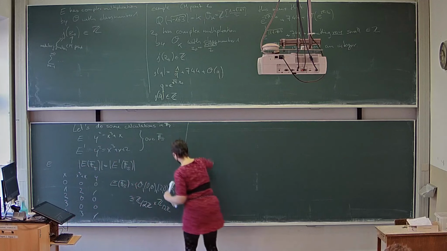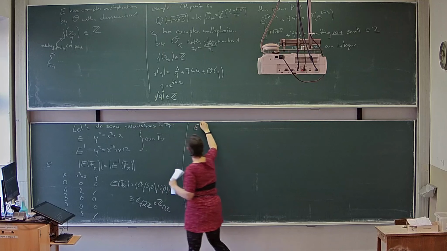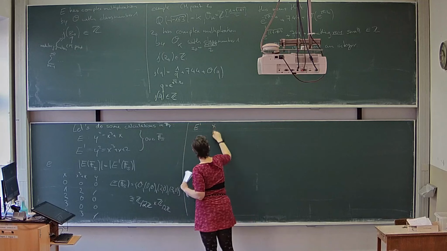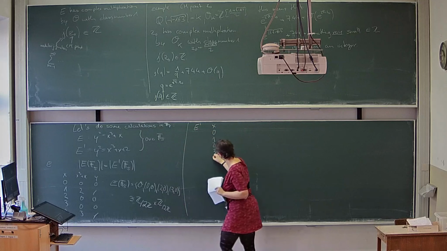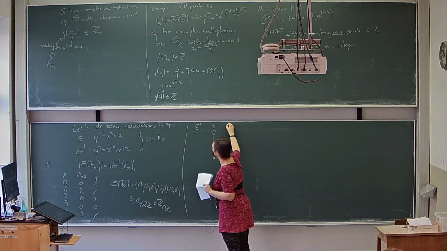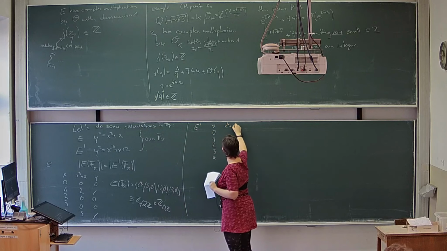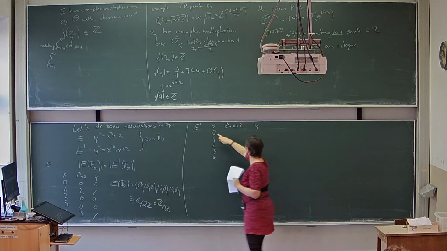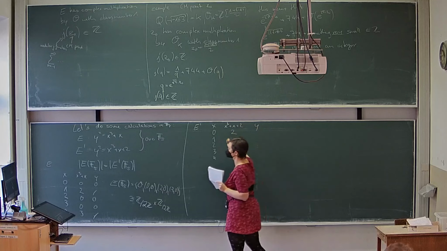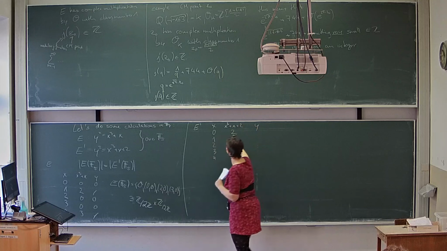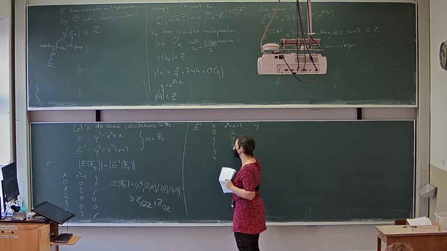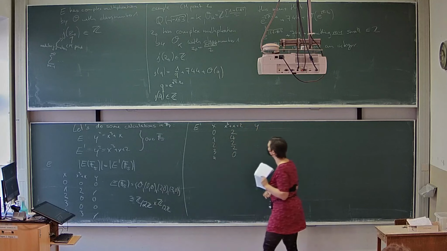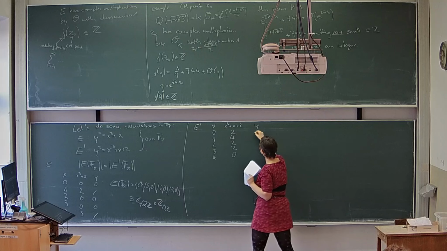What about E prime? X cubed plus x plus 2. Well, it's just plus 2 everywhere. So 4, 2, 2, 0. As I said, 2 and 3 are not squares.